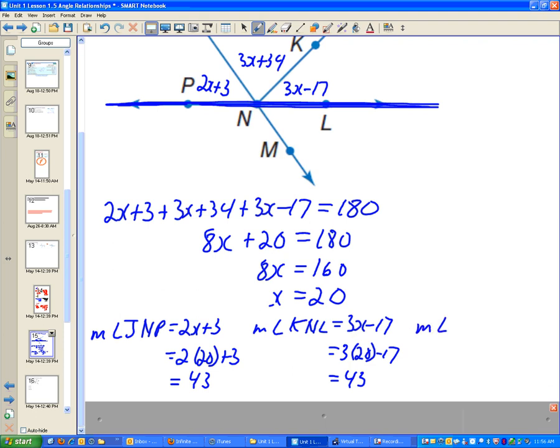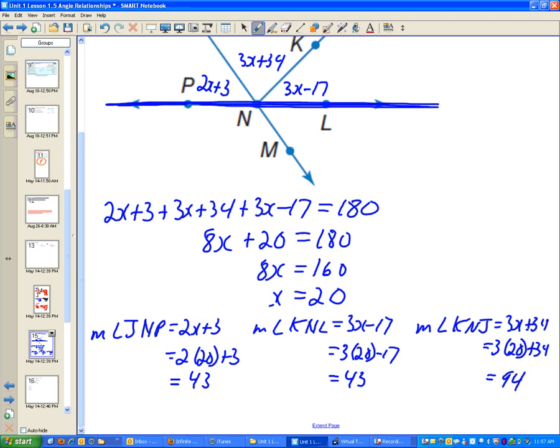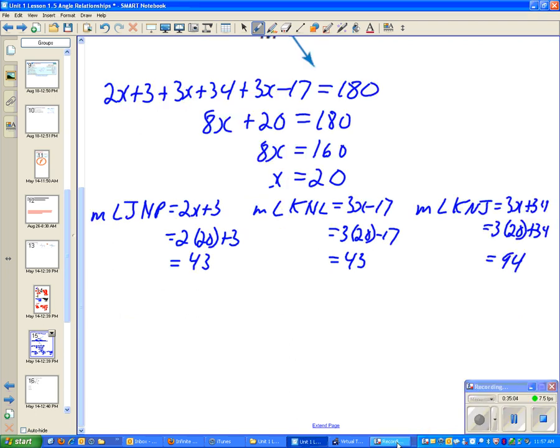And then the measure of angle KNJ was 3x plus 34. What's that end up equaling? Questions?